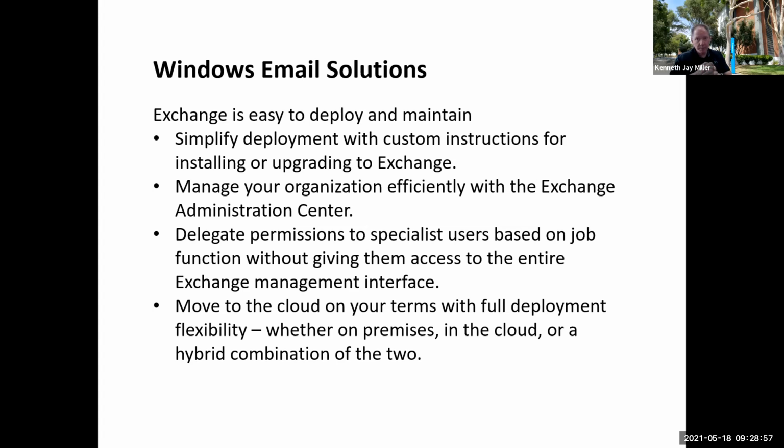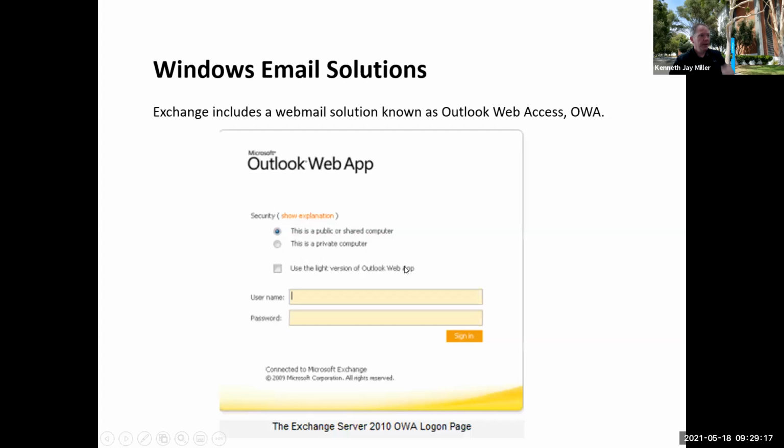A lot of companies have mail systems that have been working for decades. Yeah, the cloud's better and secure, but it's still a cost factor. The owner might say, if that works, let's stay with that until we absolutely can't anymore. Okay, so here's the front end for the Outlook web app, which is the OWA.